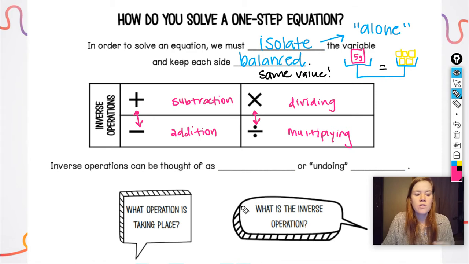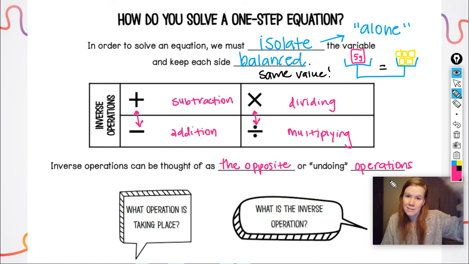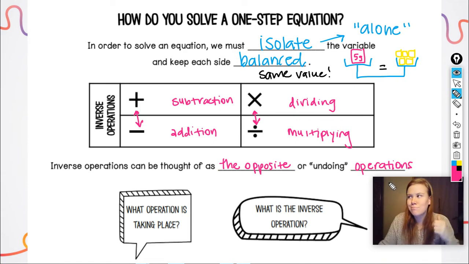So inverse operations can be thought of as the opposite or undoing operations. Subtraction undoes addition. Multiplication undoes division.